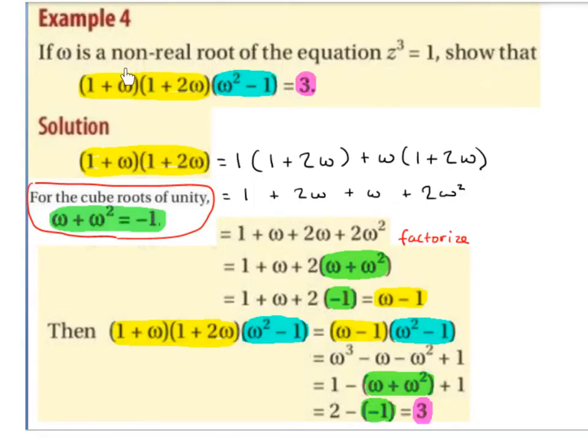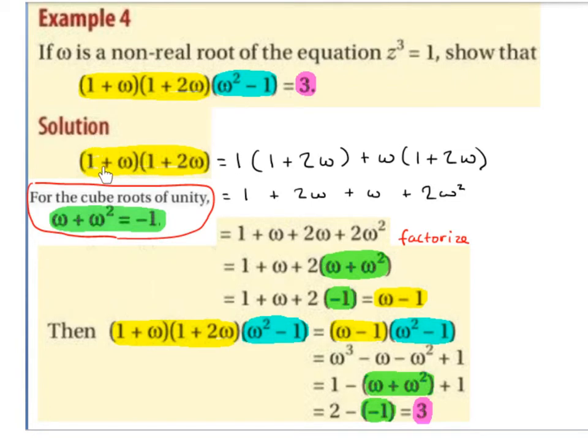If w is a non-real root of the equation z cubed equals 1, show that 1 plus w times 1 plus 2w times w squared minus 1 is equal to 3. So let's start off with the first two brackets, 1 plus w times 1 plus 2w.